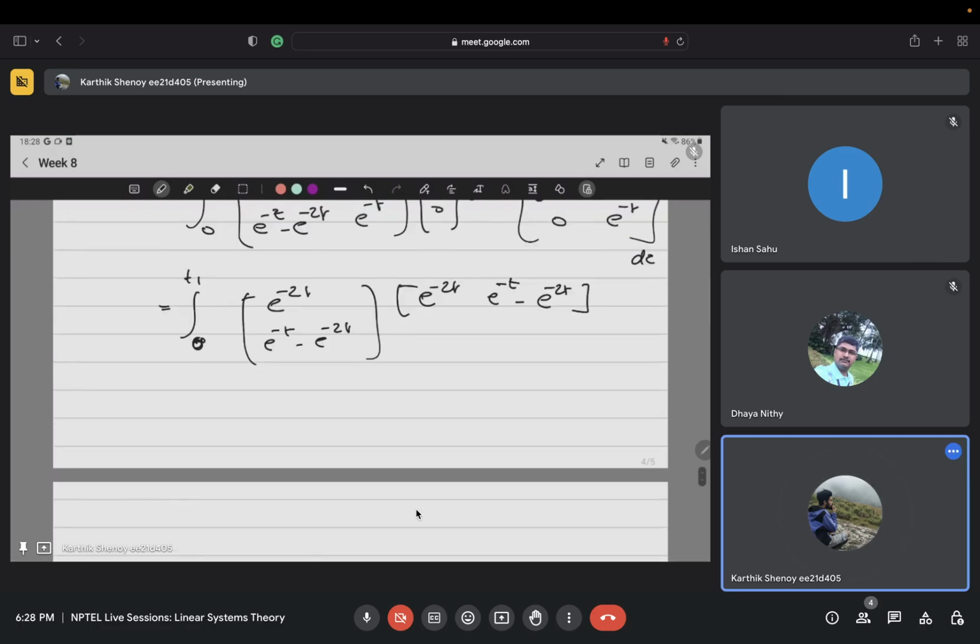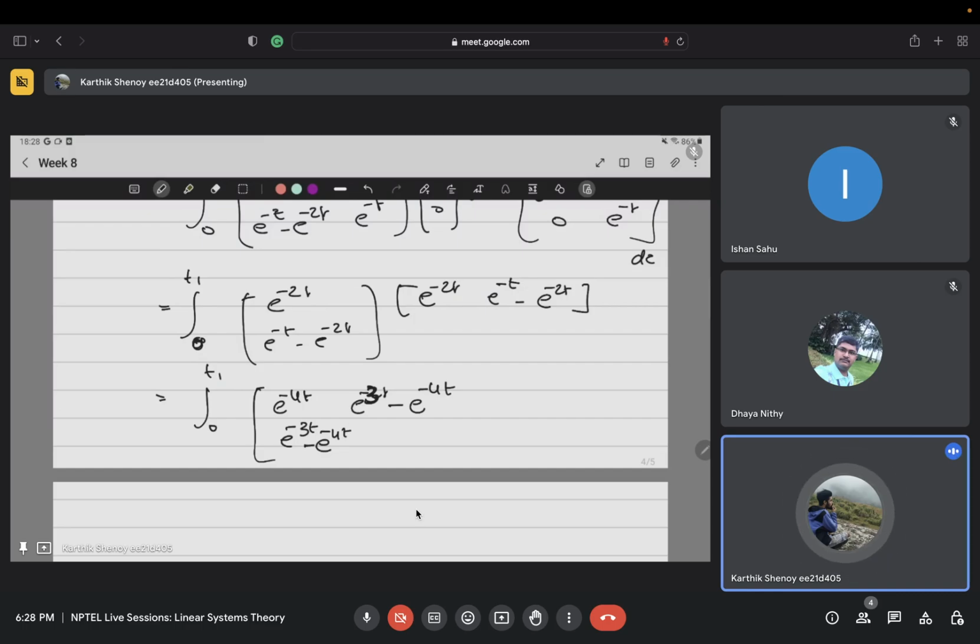So this is equal to the integral from 0 to t1 of the matrix e raised to minus 4t, e raised to minus 2t minus e raised to minus 4t. Is this 3? I think it's 3t, yeah. Now it's e raised to minus 3t minus e raised to minus 4t.